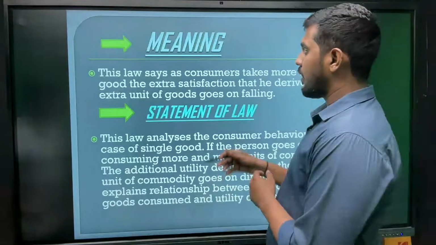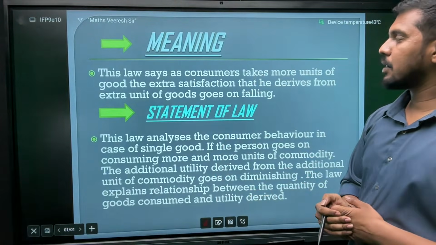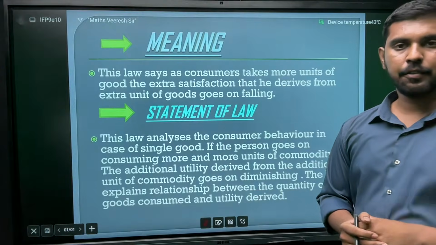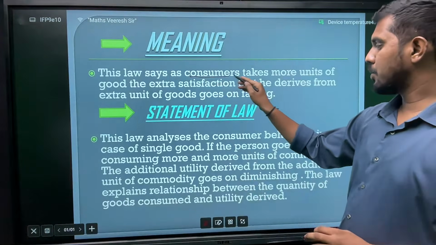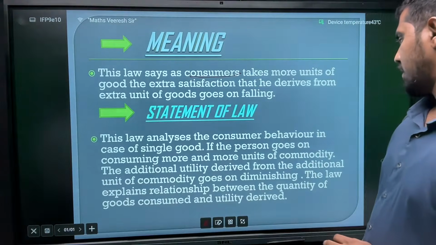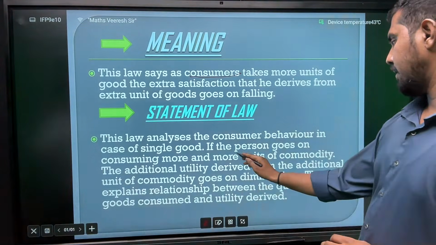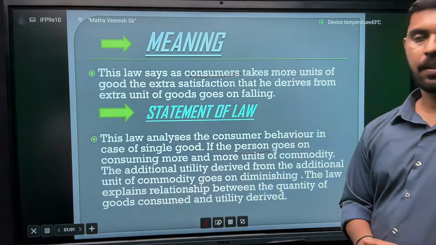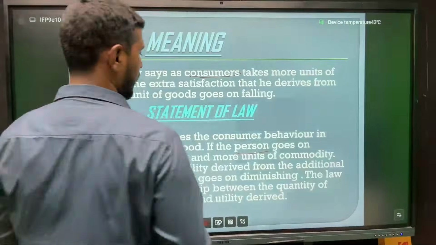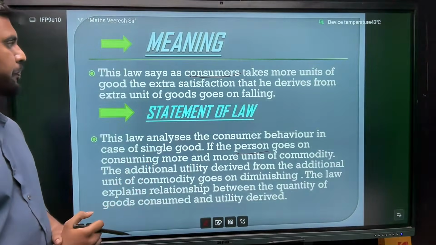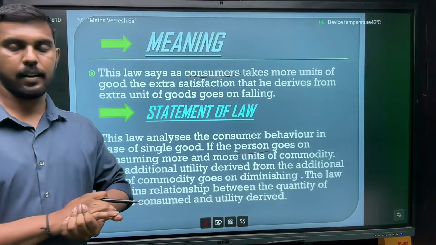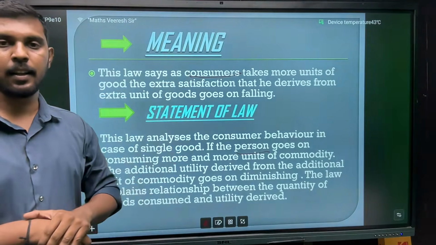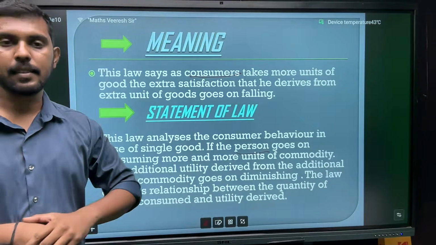I told you, before starting the explanation of the topic, the meaning and the law statement are both the same. Look at here, consumer and person are both the same. In the definition, he wants additional benefit, but here, in the meaning, he wants extra satisfaction.